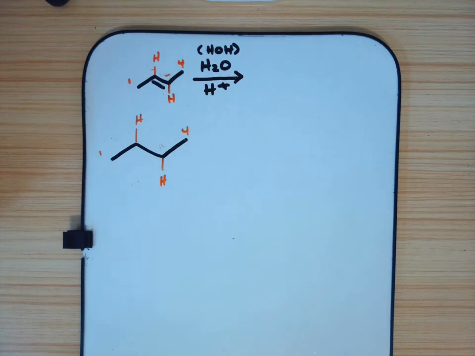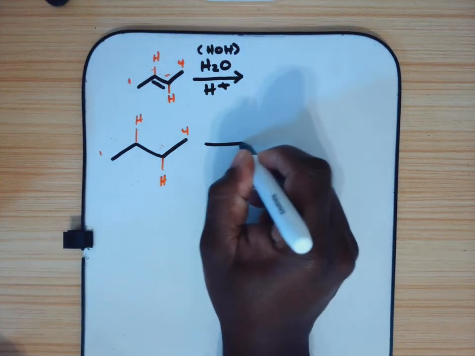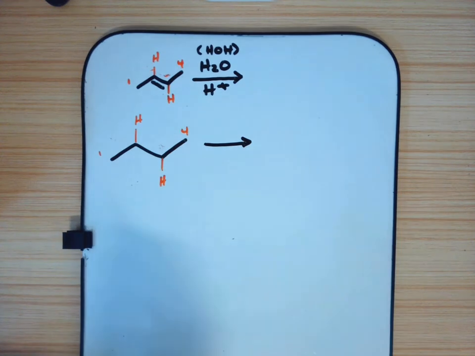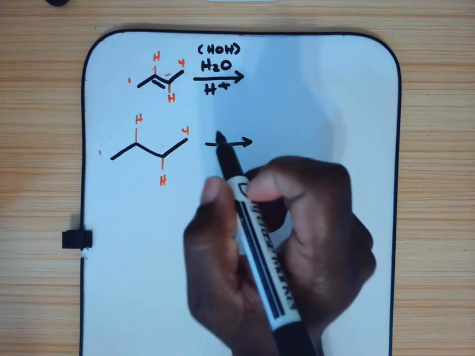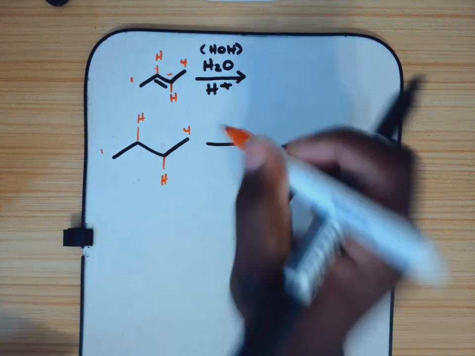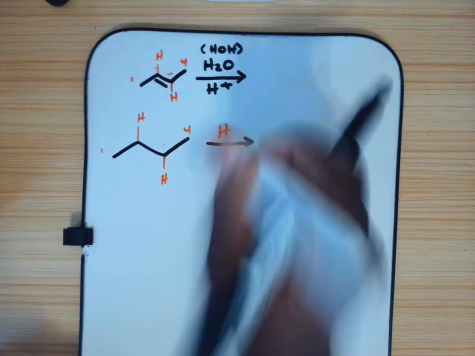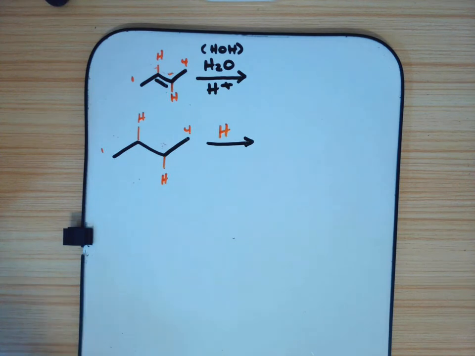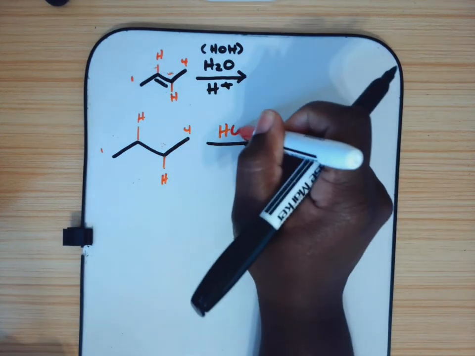Right now, because I've broken that double bond, those carbon atoms only have 3 bonds. So when that old bond broke, it made it possible for the new bond to form. And so again, we have to add water to this molecule. When we're adding that water, one side gets the H, the other side will end up getting OH.